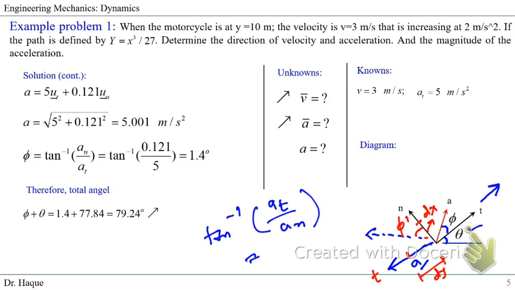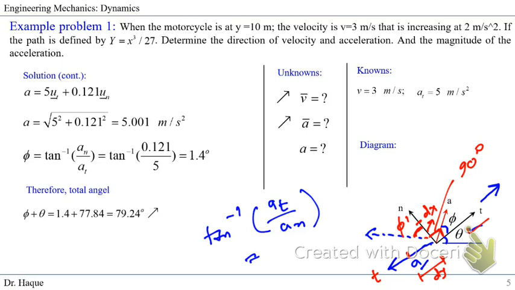In this case my angle would be this, and to find the angle with the horizontal we have to sum theta plus this angle, which is 90 degrees, plus phi 1.